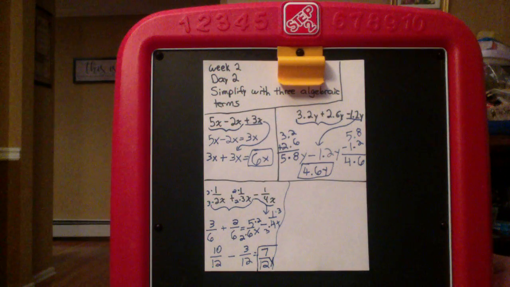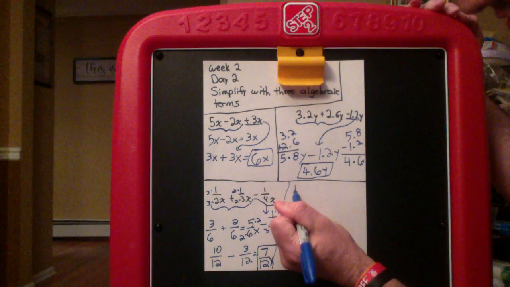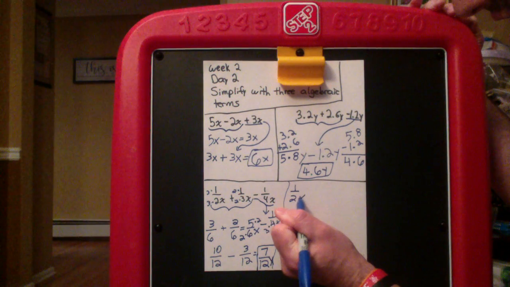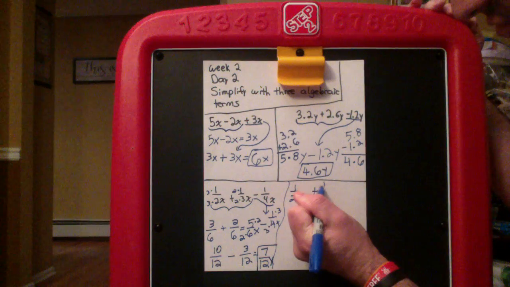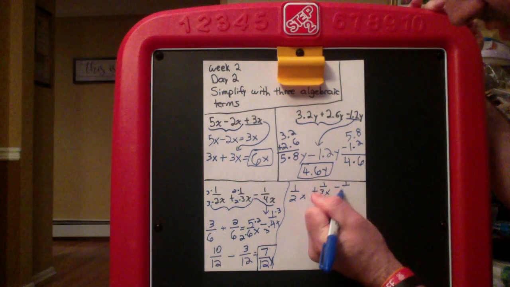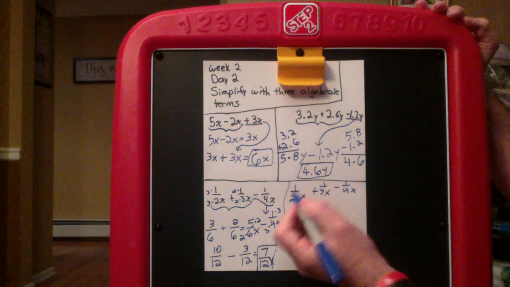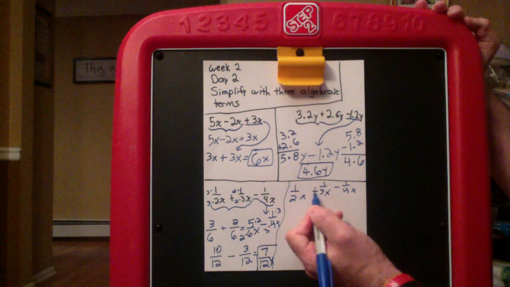That's one way you can do it with fractions. The other way you can do it, and let me rewrite the problem. So we have 1/2 x plus 1/3 x minus 1/4 x. The other way is to find a common denominator for all three terms.